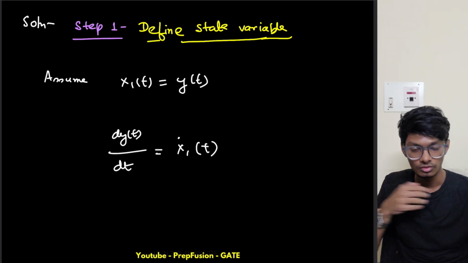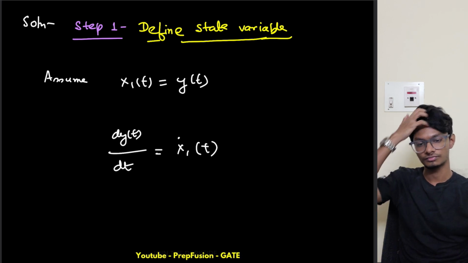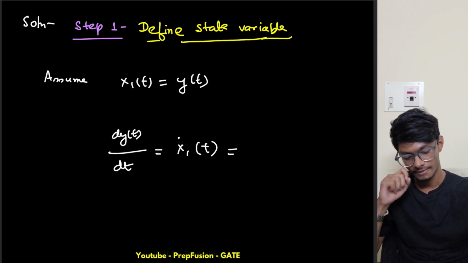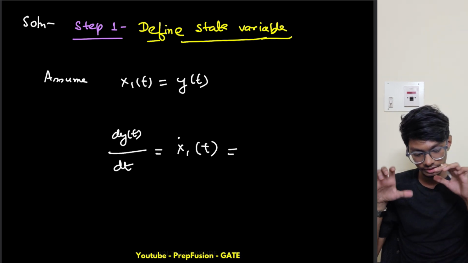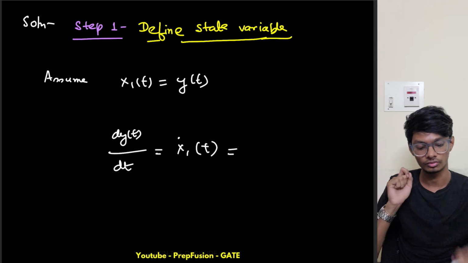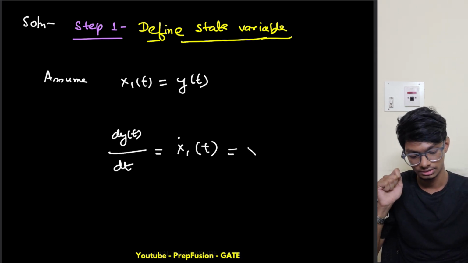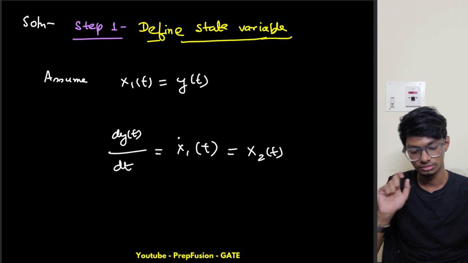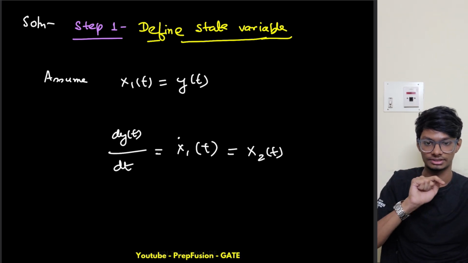Now we equate this x1 dot to another state variable, that is x2. So this is the second state variable.